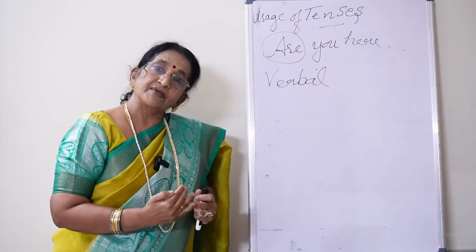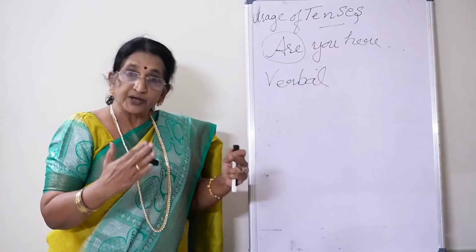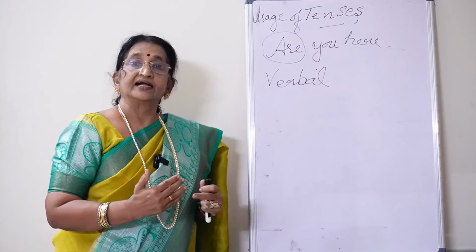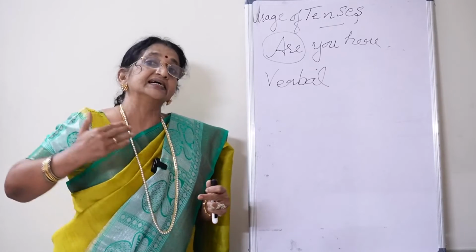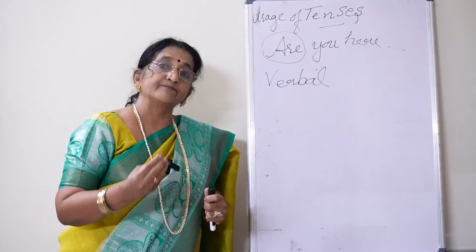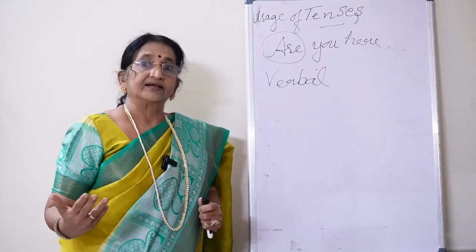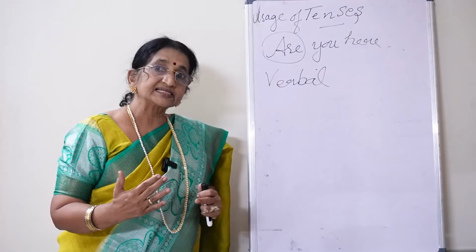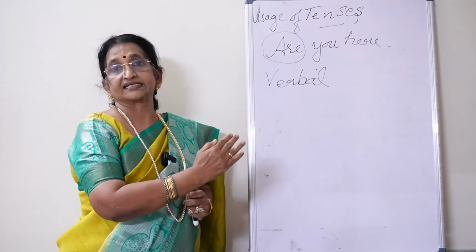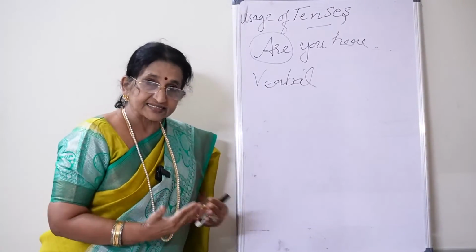So the answer may be, I was not in the city. Did you have any other business? Any other work? Did you go for any other urgent work? Or did you have any other important work? Did you go elsewhere? When we ask, all these are questions asked about the past tense. Why? We ask the friend, were you not present yesterday?